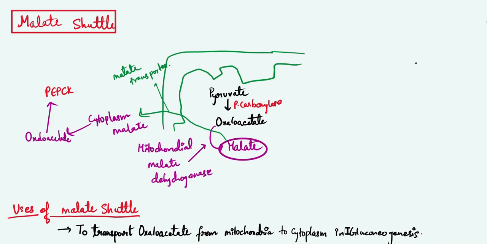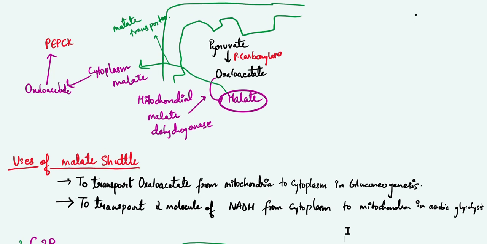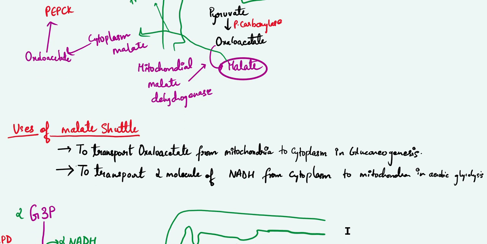Now we will discuss the use of the malate shuttle. The first use is to transport oxaloacetate equivalents between mitochondria and cytoplasm. Then, to transport NADH from the cytoplasm to the mitochondria in aerobic glycolysis.